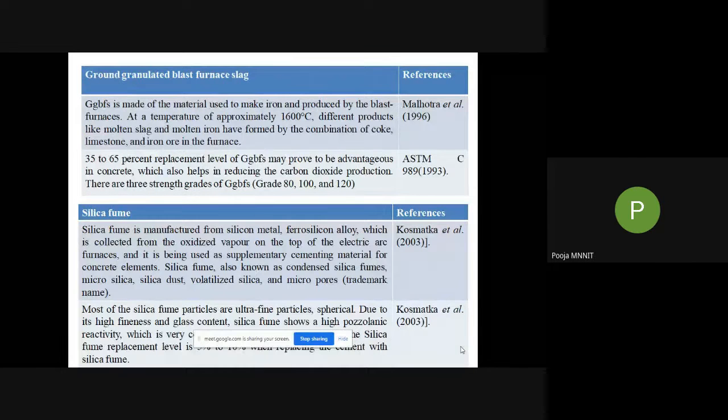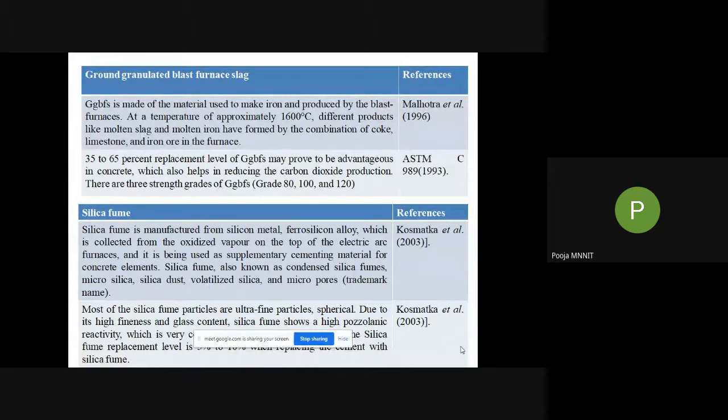In the GGBS, Malhotra et al. have studied that the GGBS is made from the material used to make iron and produced by blast furnaces at a temperature of approximately 1600 degrees C. Different products like molten slag and molten iron are formed by the combination of coke, limestone, and iron in the furnaces.